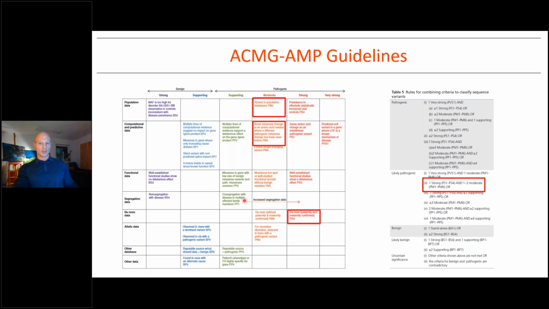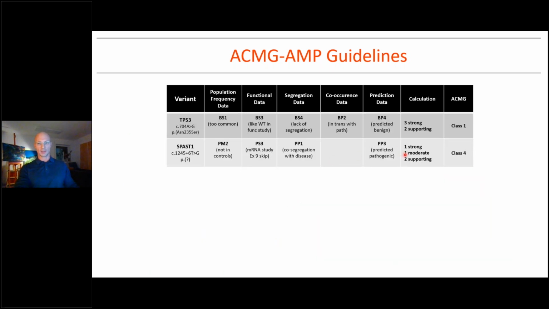So if you adjust, for example, a supporting evidence to a moderate or a strong one, you have to keep that in mind in the last step to calculate it.